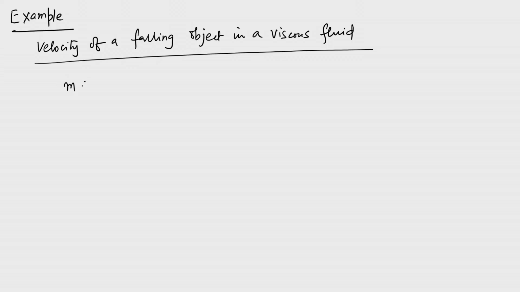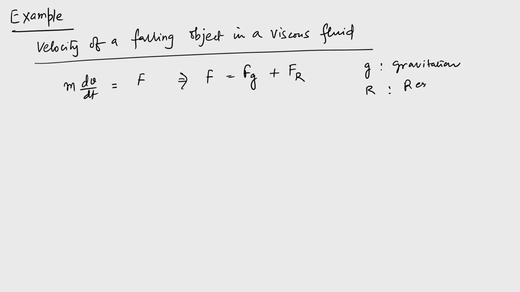So, we write down Newton's equation of motion as m dv/dt is equal to F, where F is the force that acts. This is due to gravity, so we will write it with a G, and a resistance force, because I have said it is a viscous fluid, so we will write it with an R. So, G corresponds to gravitation and R corresponds to resistance.